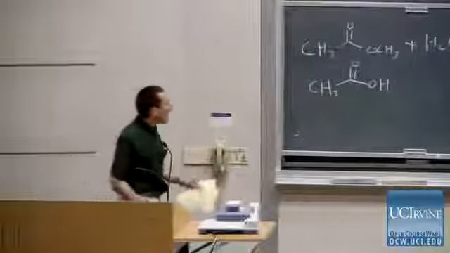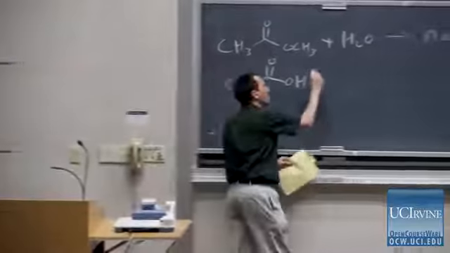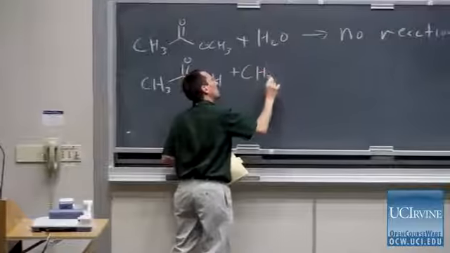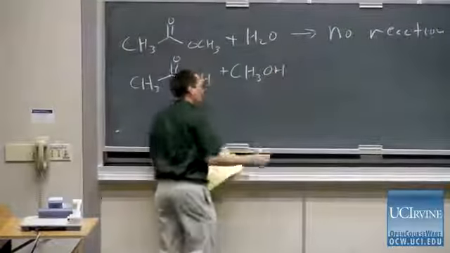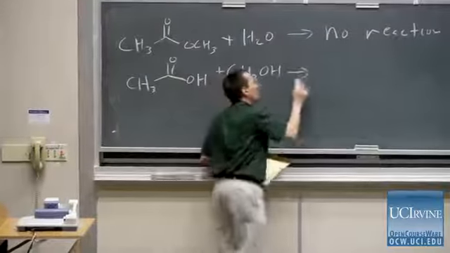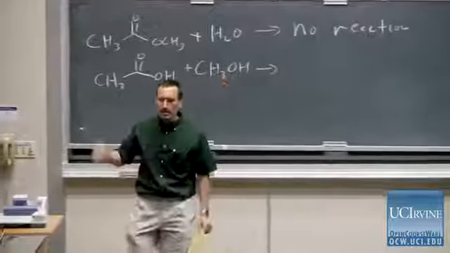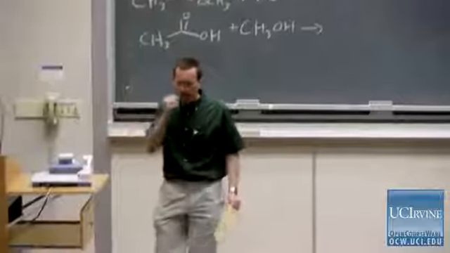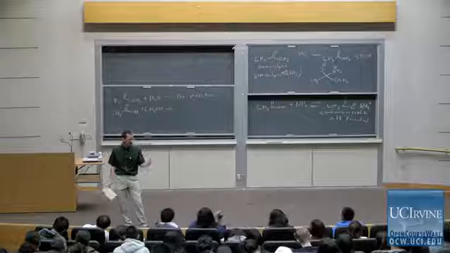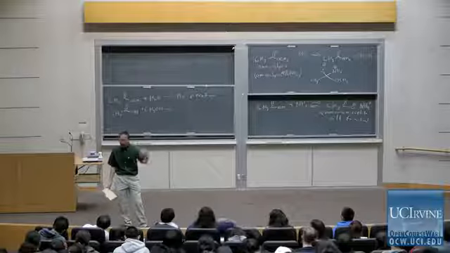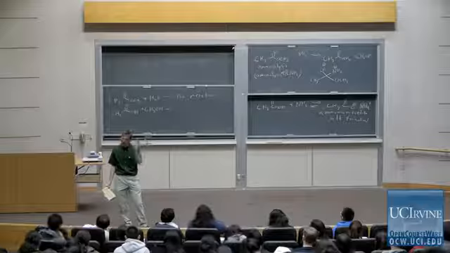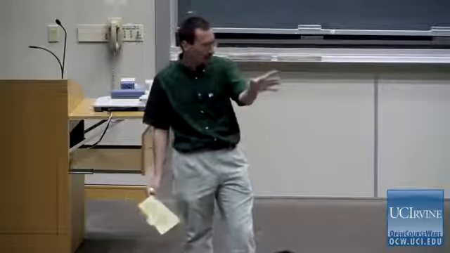So by a very similar token, if I mix methanol and acetic acid, again, the carbonyl is moderately electrophilic for an ester. It's moderately electrophilic for an acid. But water and alcohols are very weak bases and very weak nucleophiles.